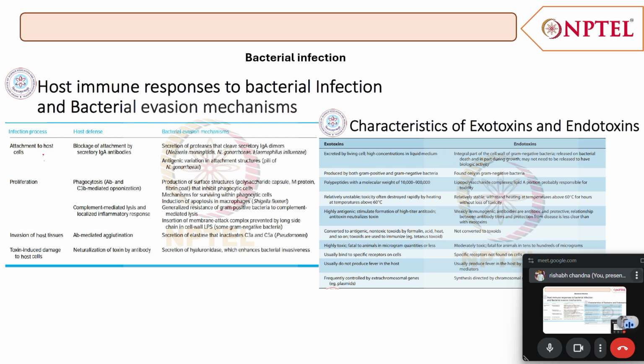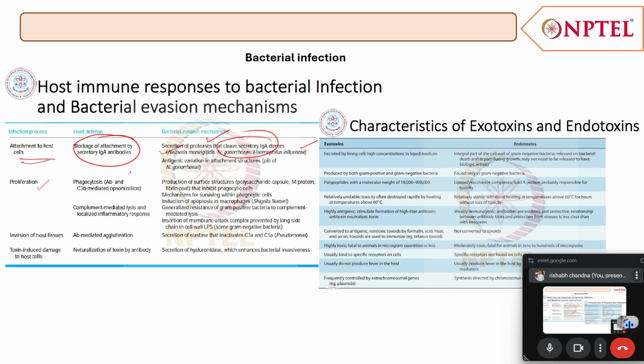So attachment to the host cell will be decreased by the blockage by secretory IgA antibodies. The bacterial evasion mechanisms include secretion of proteases that cleave the secretory IgA dimers, which happens in Neisseria meningitidis, Neisseria gonorrhoeae, and Haemophilus influenzae.